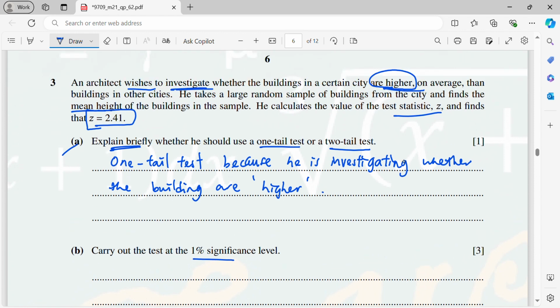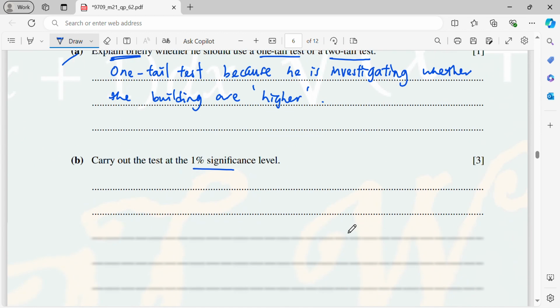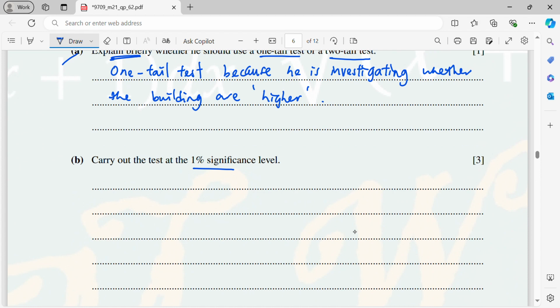So from here, he's checking the heights of the buildings, right? So therefore, here I will write H naught: mu1 minus mu2 is equal to 0, means no difference.